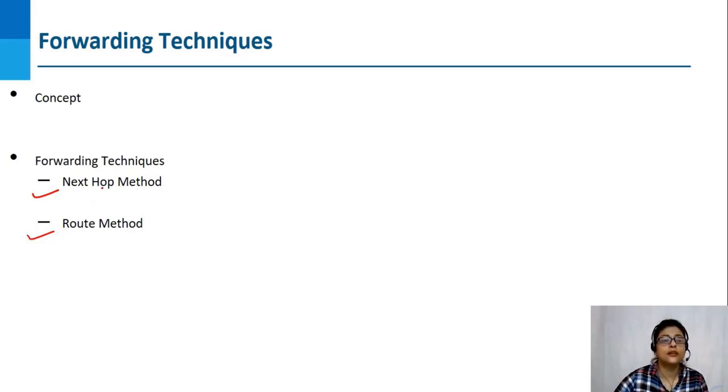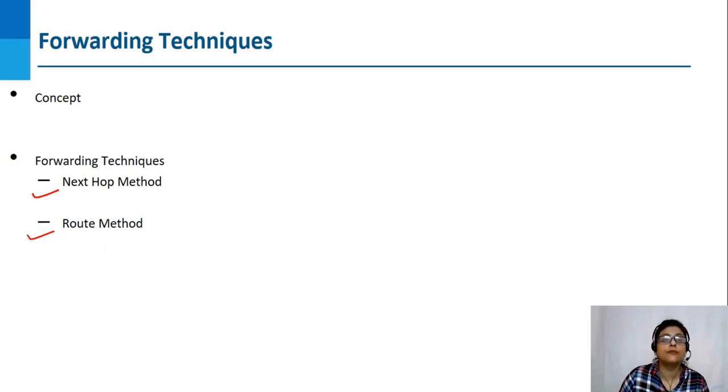In the next hop method, the routing table basically consists of the next node through which the packets will be delivered from host A, that is the source node, to the destination node through other nodes of the network. And in the route method, instead of the next hop, the entire route from the source to the destination will be given.